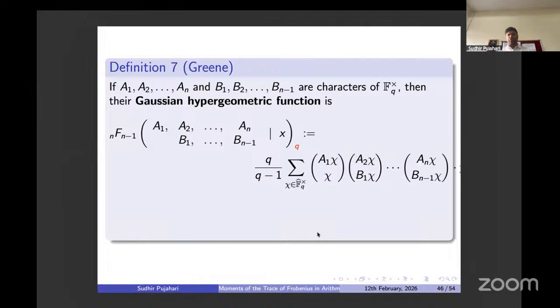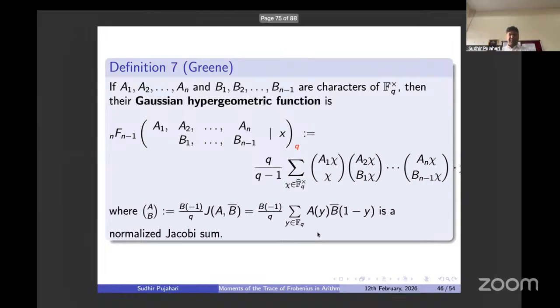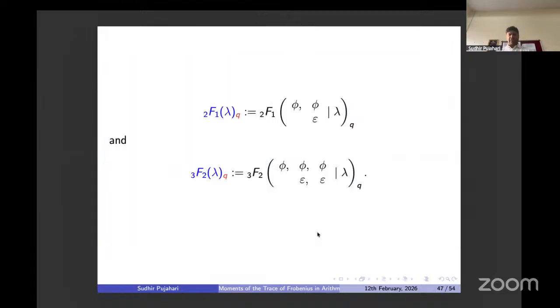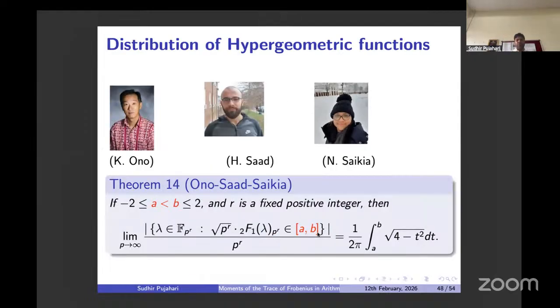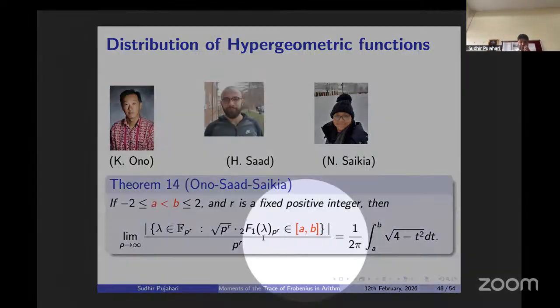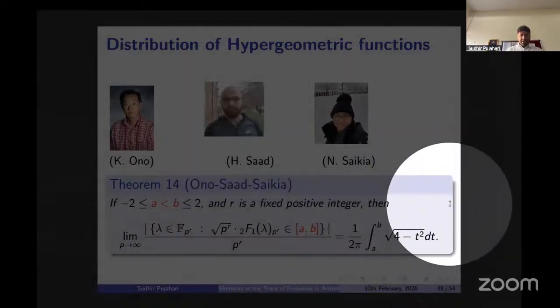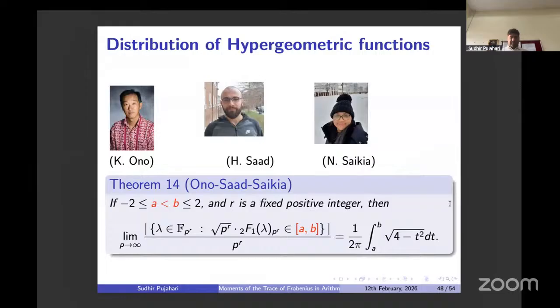So just to show the power of the method, let n F n-1 be the Gaussian hypergeometric function where the a_i and b_j are characters. In particular, we are interested in 2F1 and 3F2, and recently Ken Ono, Hasan Saad, and Neelam Saikia showed that if you look at the 2F1 hypergeometric function and you vary the primes, they are going to be equidistributed with respect to the semicircle measure.